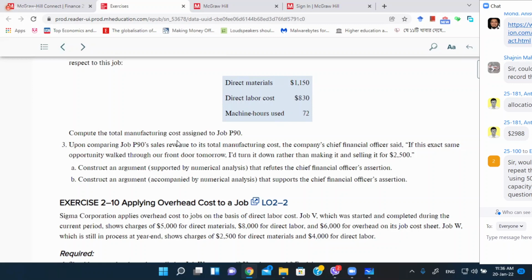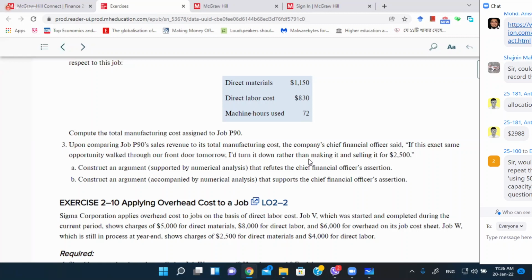Upon completing job P90, the chief financial officer is saying that by comparing the sales revenue with the total manufacturing cost, if the exact same opportunity walked through our front door tomorrow, I will turn it down rather than making it and selling it for 2,500.